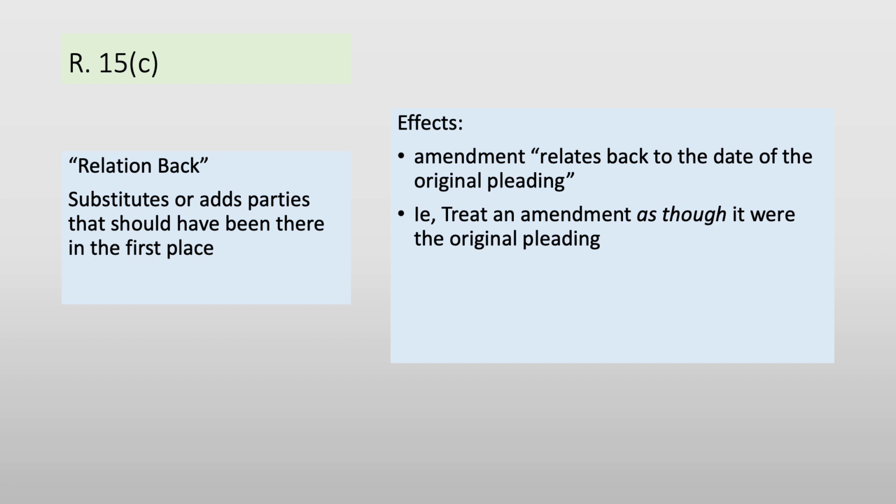You can just use normal amendment to add or replace a defendant in your complaint, but you may be prevented from doing that if your statute of limitations has run. And Rule 15C allows you to get around statutes of limitations to include a defendant who wasn't there to begin with. So just to make sure we're all on the same page about what a statute of limitations is, let me go into that for a sec.